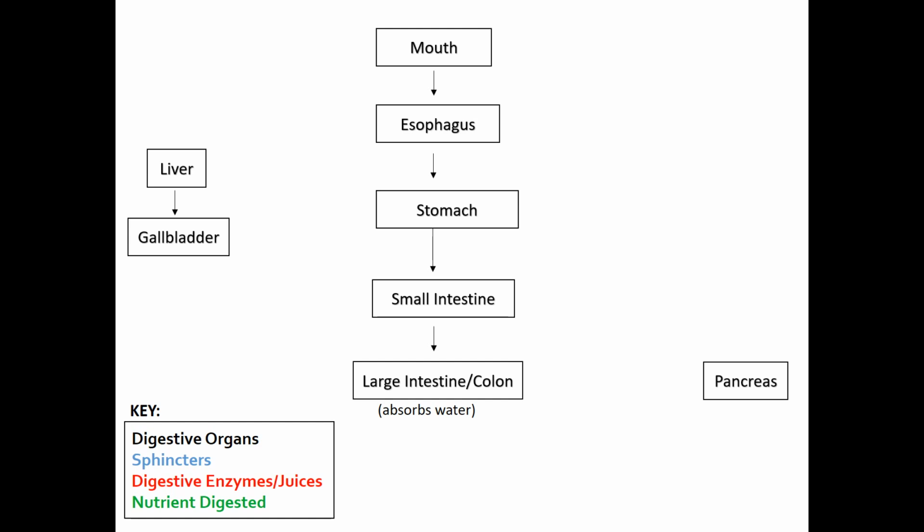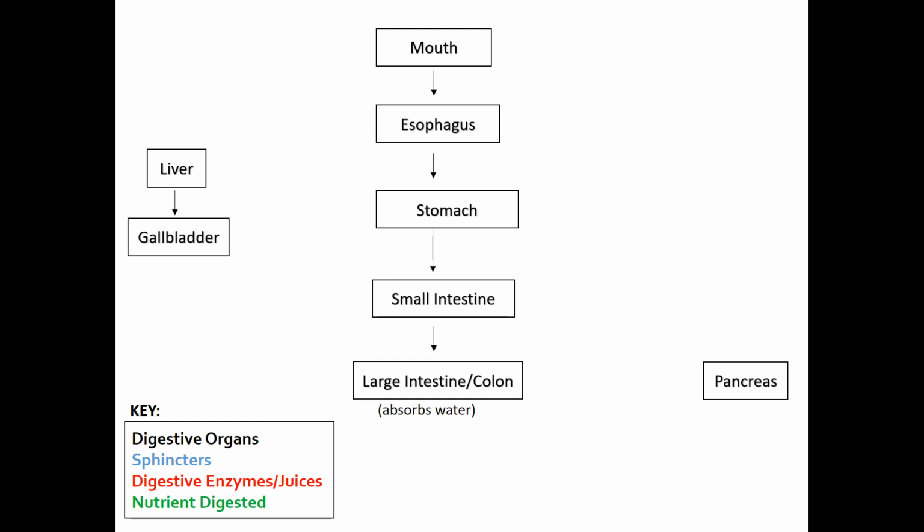So now that we have down the different digestive organs, we're going to go ahead and take a look at some other things that make up our digestive system. First thing is going to be our sphincters. Sphincters I'm going to go ahead and list in blue, and basically a sphincter is kind of like a little doorway or a little flap that closes and opens to control the movement of food throughout the digestive system.